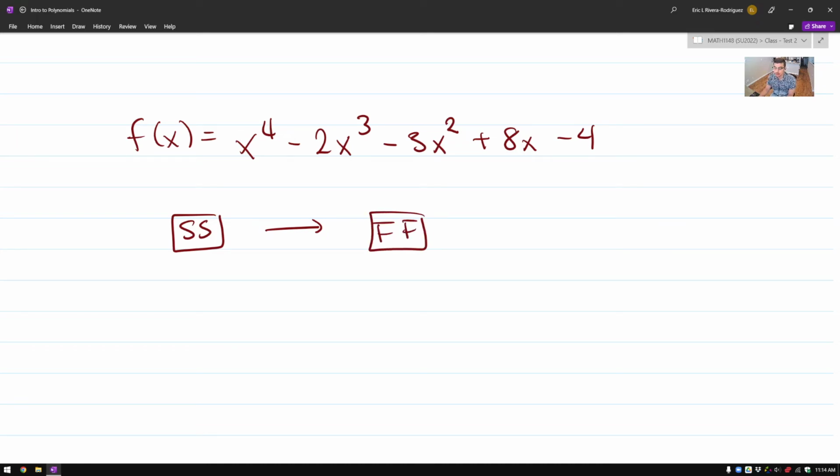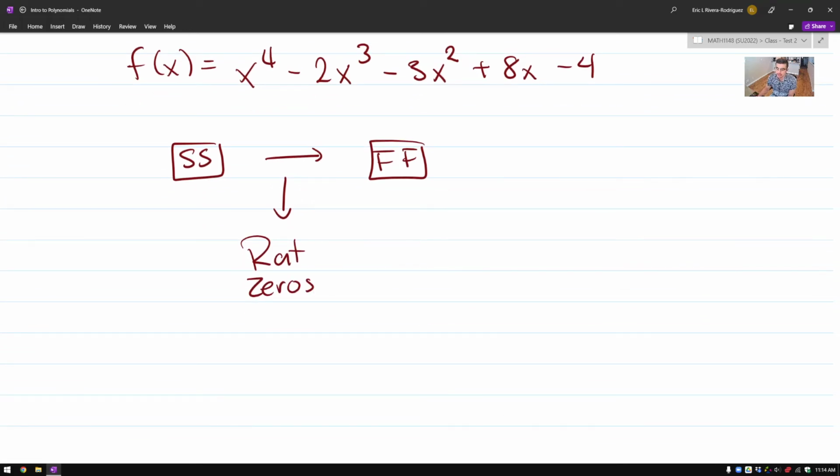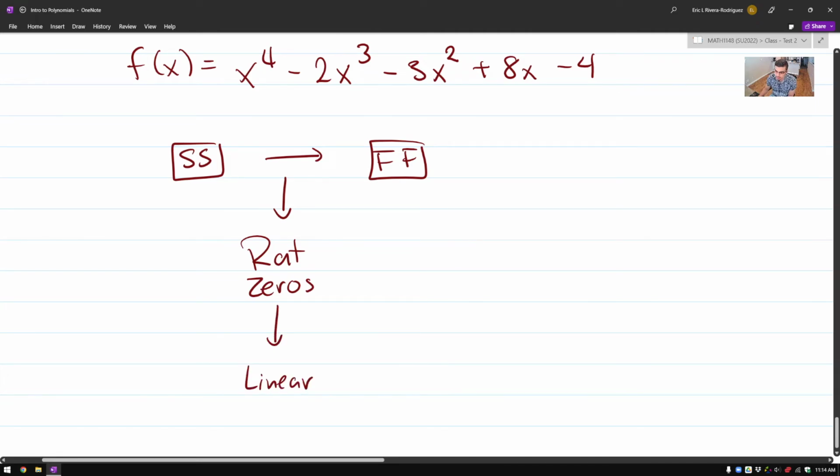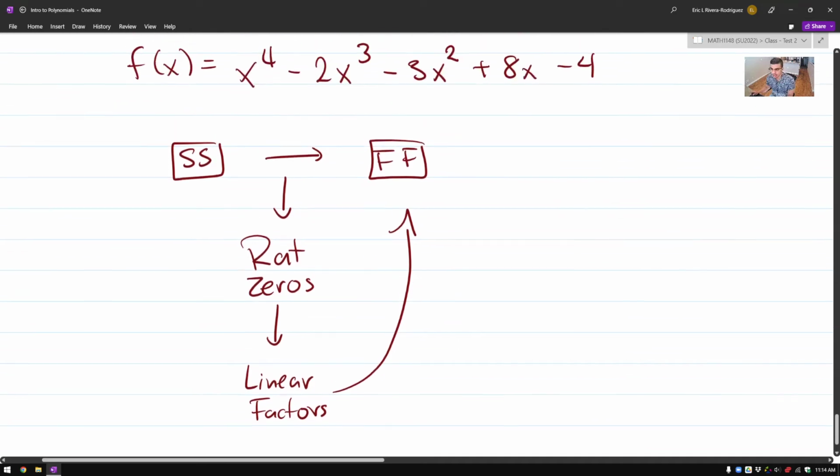To get to the factor form, we needed to find the rational zeros. The rational zeros give us the linear factors. With the linear factors we can get to the factor form. So that is what we did.